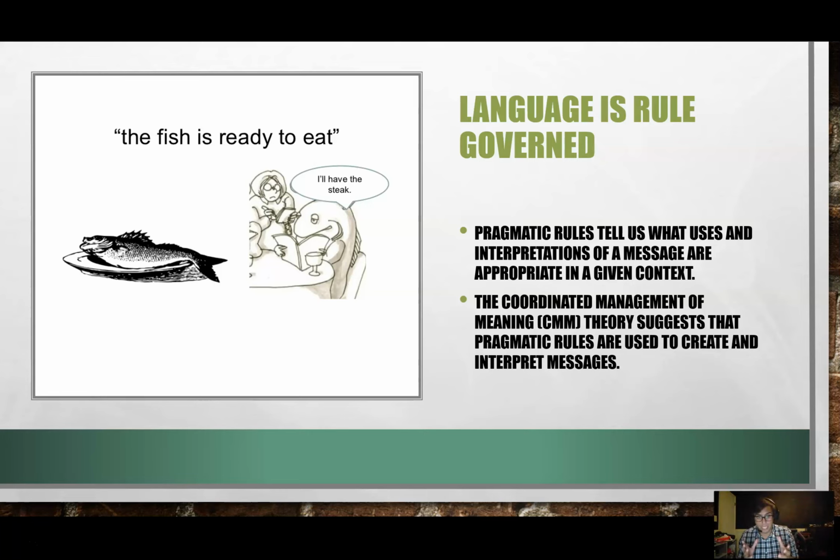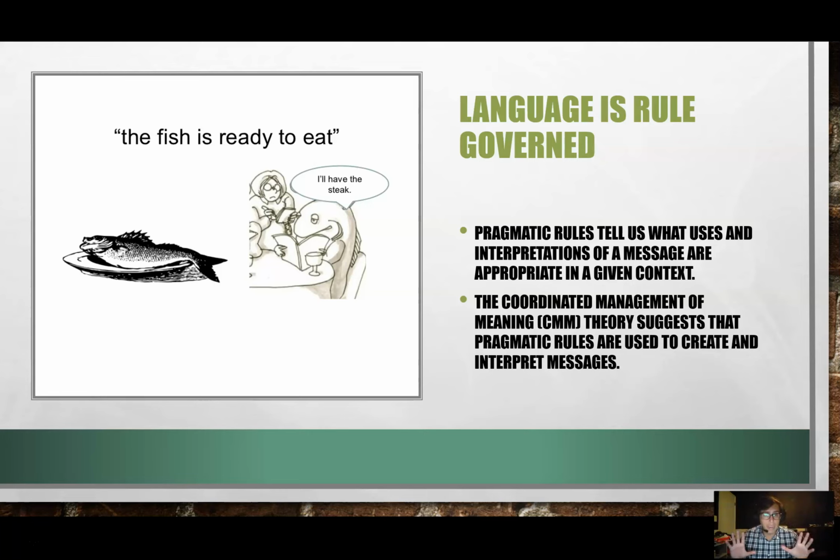I meant figuratively. So there's also a pragmatic rule associated with that, that they don't actually mean that. Due to the context and due to the relationship, I can understand that they mean figuratively.